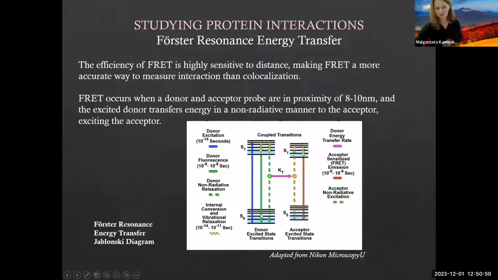When the acceptor is present in close proximity to the donor, the emission energy is transferred to the acceptor, causing an excited state of the acceptor, and then we observe emission at a different energy.